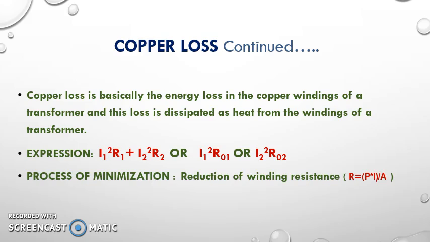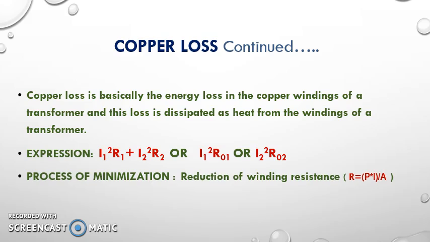So this summation of I1 square R1 and I2 square R2 is equal to I1 square R01, and this is once again equal to I2 square R02. So these are the three equivalent expressions by which we can calculate the total copper loss of a transformer.